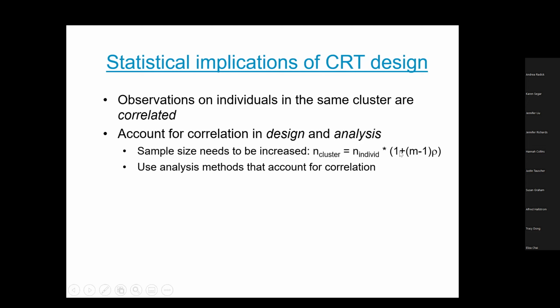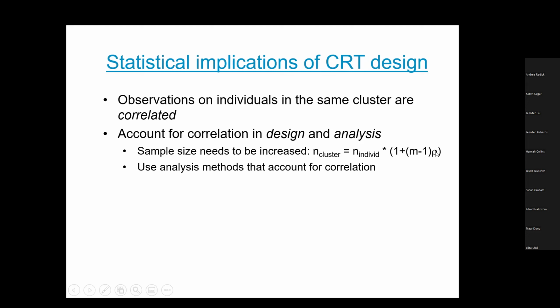The only other way that this multiplier can be as small as 1 is if the correlation, this rho, which characterizes the correlation between 2 individuals in the same cluster, is 0. Then effectively you can treat the data as independent and just do a typical analysis. But in all other cases, most commonly, rho is greater than 0 and M is greater than 1.